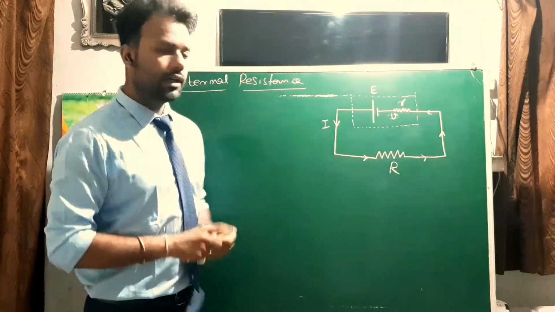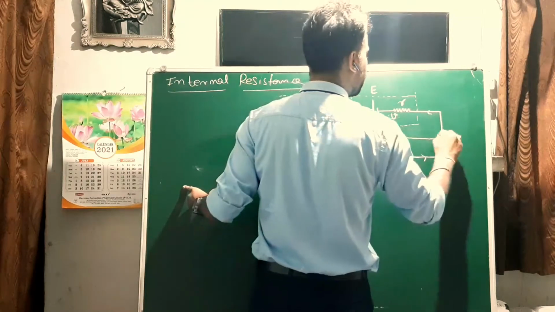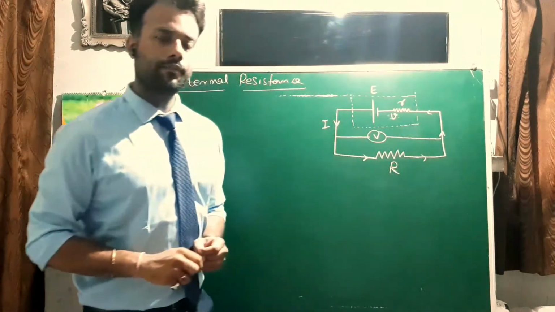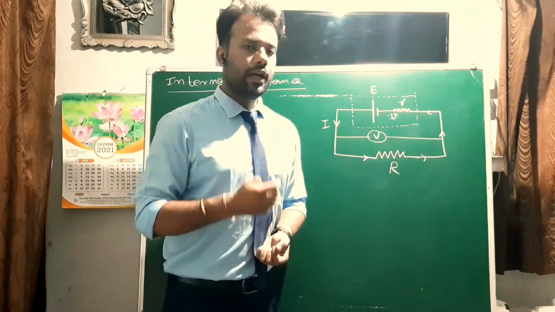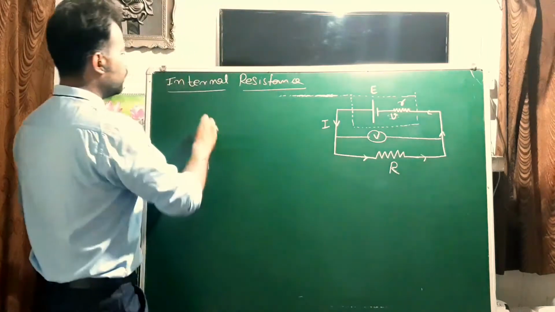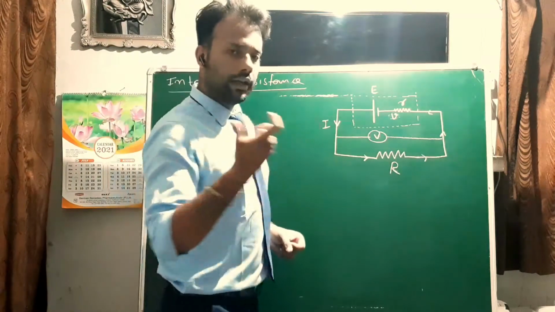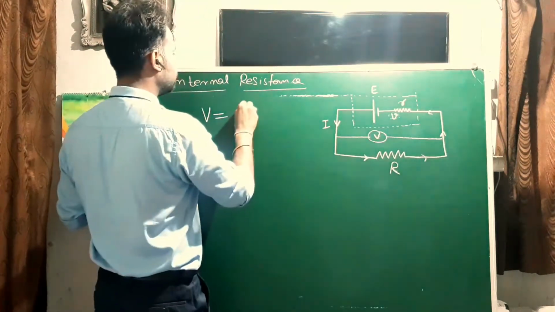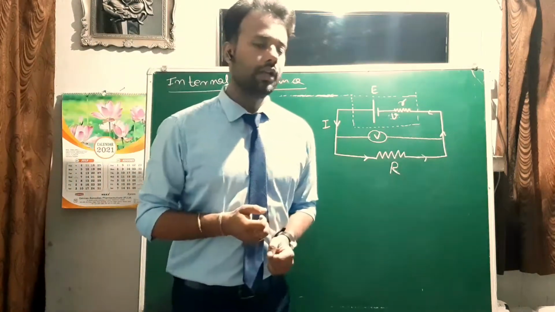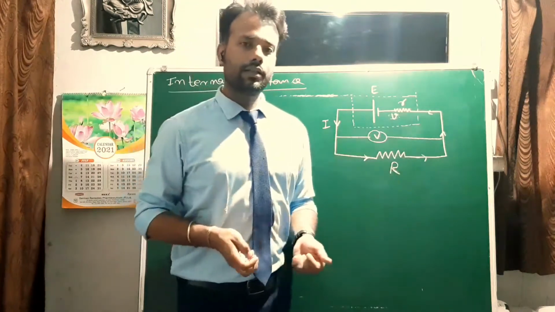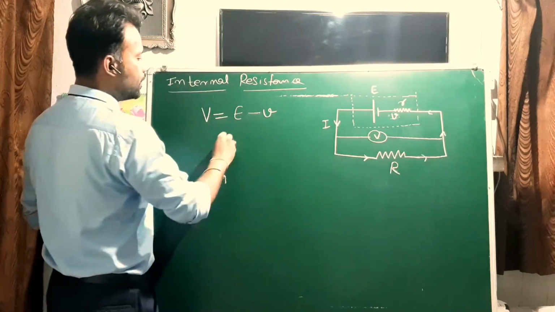Now in order to find the terminal potential, what will be the terminal potential? Let us connect a voltmeter across the ends, which will measure the potential difference across these 2 points. Now what will be the total potential? The terminal potential will be V equals to the EMF provided by the cell, E, but we will not get complete E, because some amount of potential is being dropped at the internal resistance r, and the value is basically V. What will be the value of V?